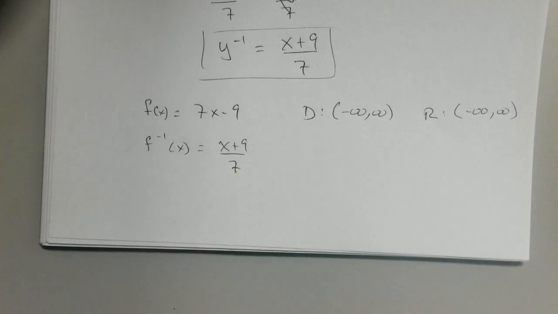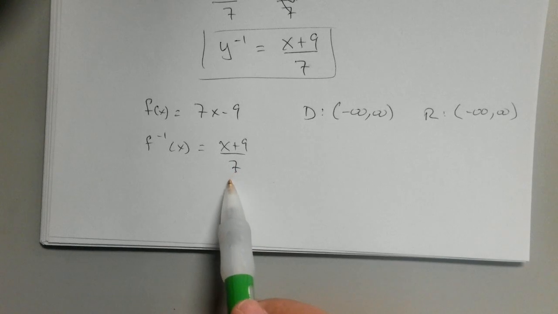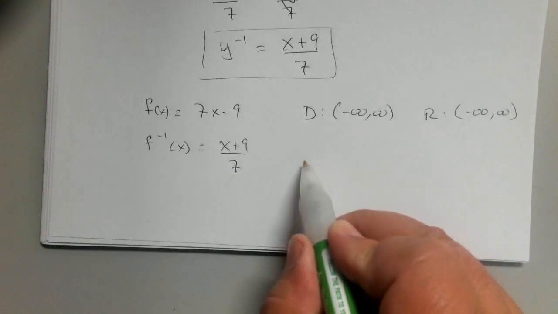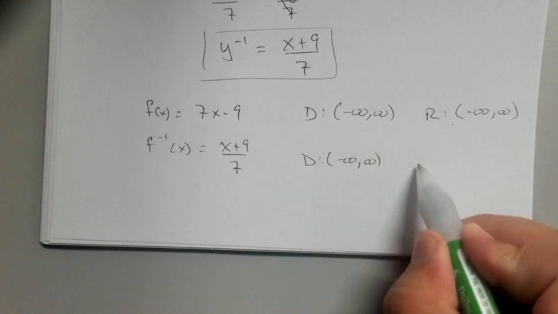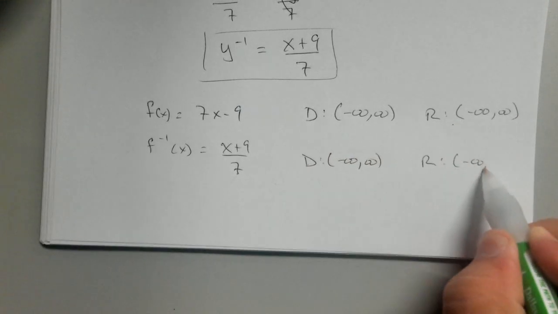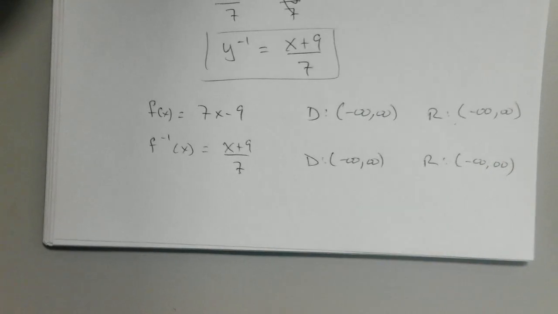Since the function is defined on everything, there are no holes, so you can't make the bottom equal 0. That means the domain is negative infinity to positive infinity, and the range is negative infinity to positive infinity.